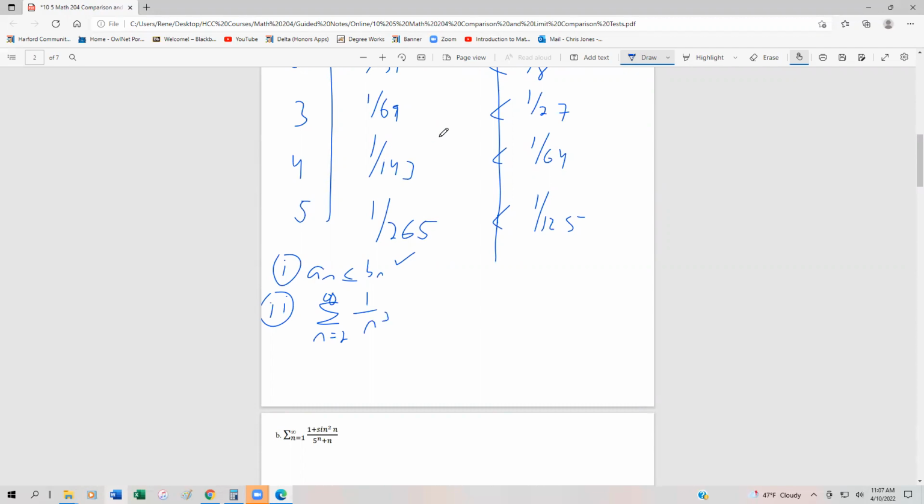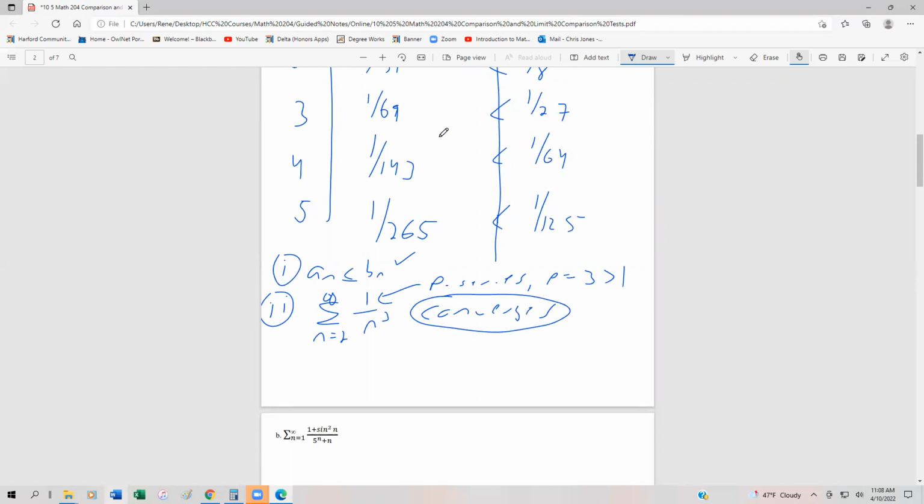Well, that is a p series. Remember from the last video that this is a p series with p equal to 3, which is clearly greater than 1. So this converges.